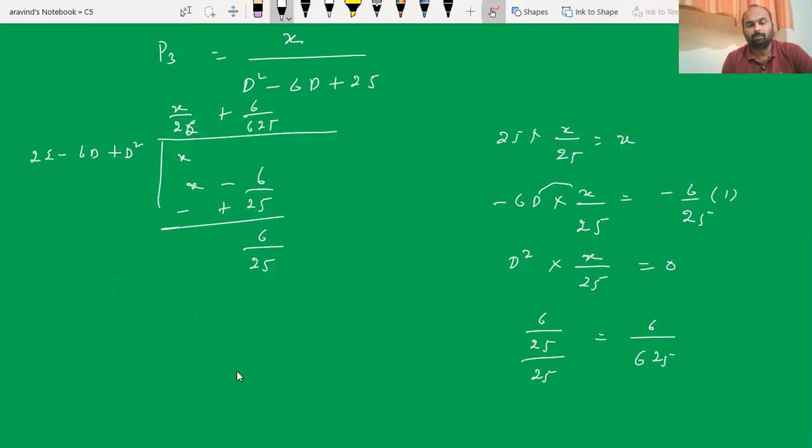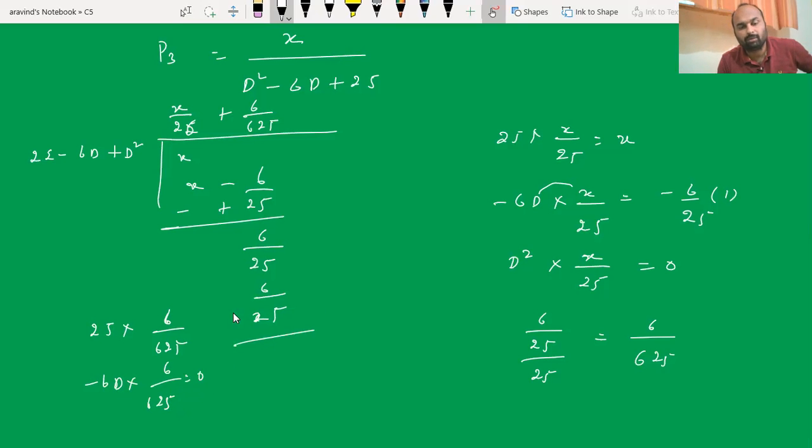So now multiply it. 25 into 6 by 625 will give us 6 by 25. Then if you multiply minus 6d into 6 by 625, it will be 0. So the remainder will be 0. So therefore P3 is x by 25 plus 6 by 625.